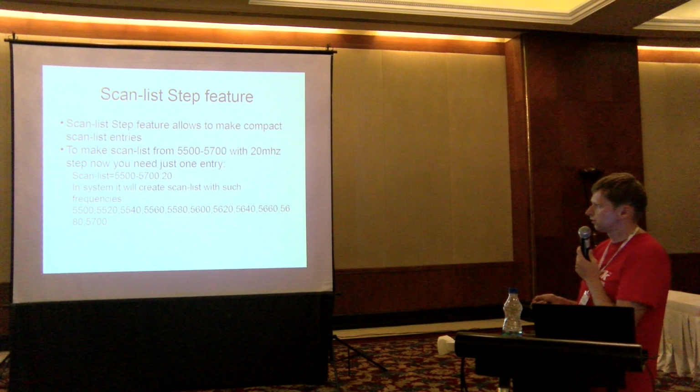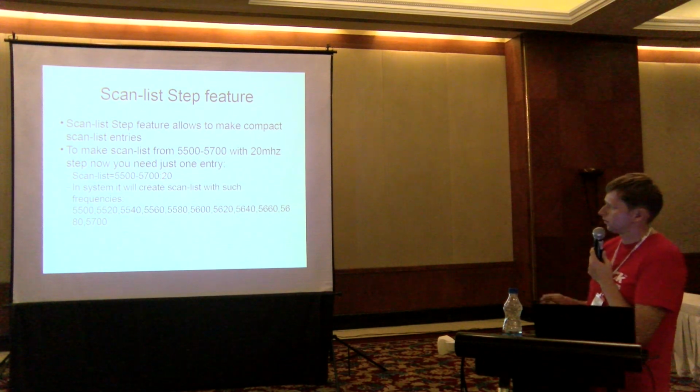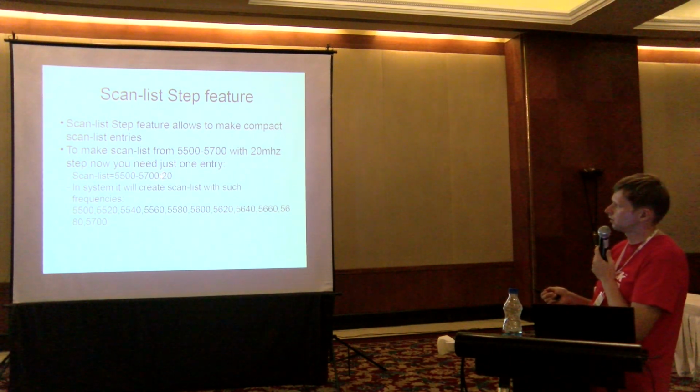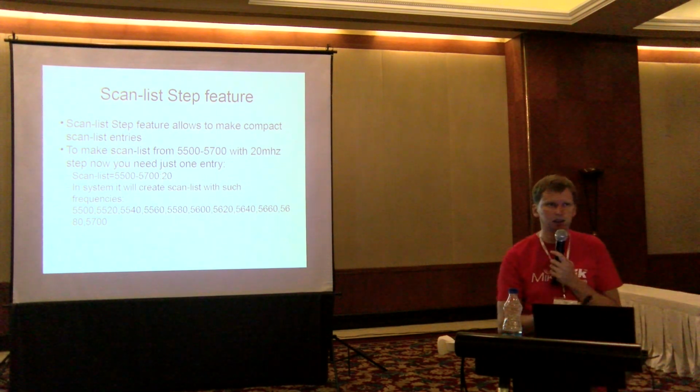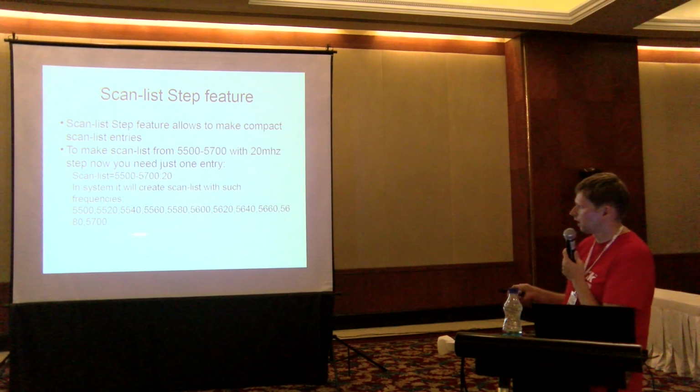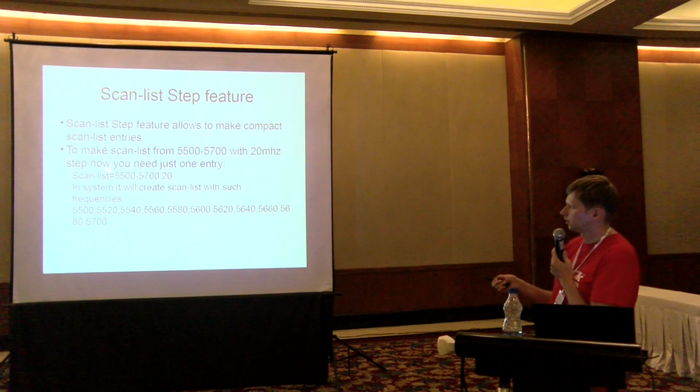So now you can do the same by just specifying the range and the step. If you want to use step 20, it's this. If you want to use step 10, you just specify that. It will automatically, in the background, use that long line, but you don't need to write that long line.